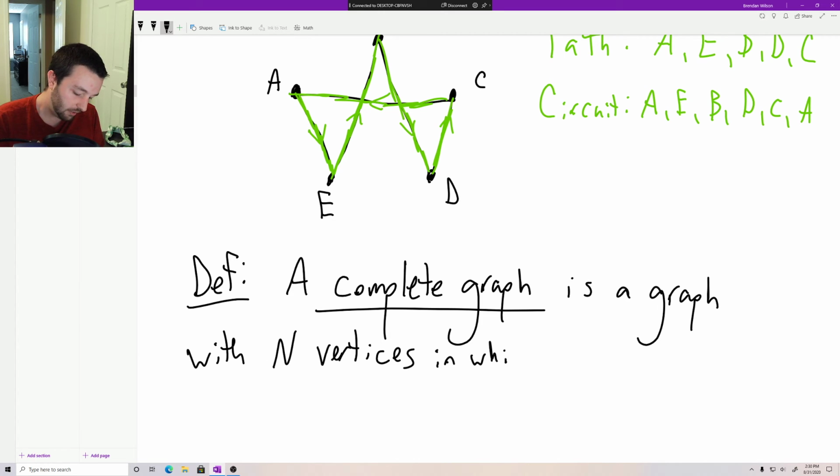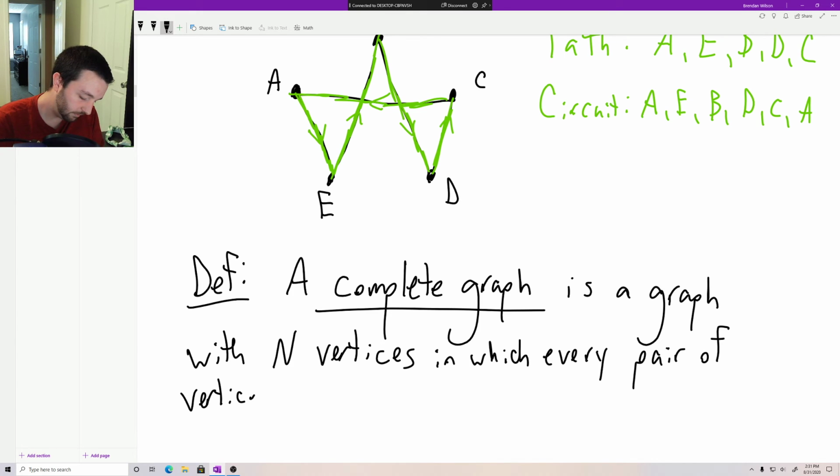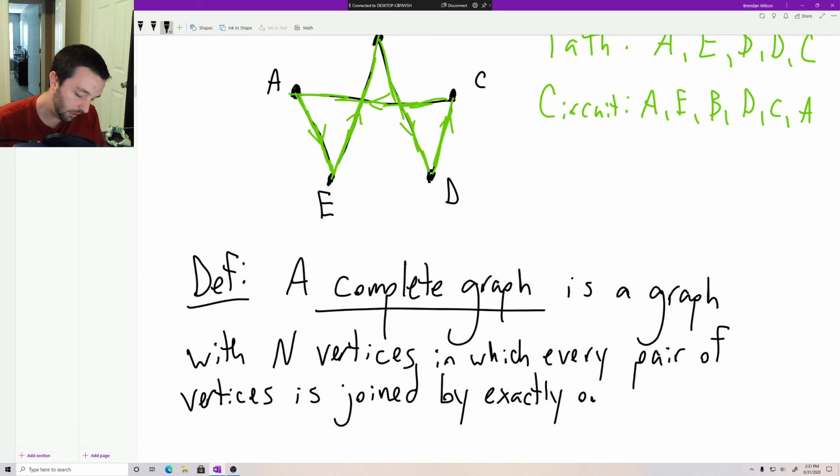In which every pair of vertices is joined by exactly one edge.